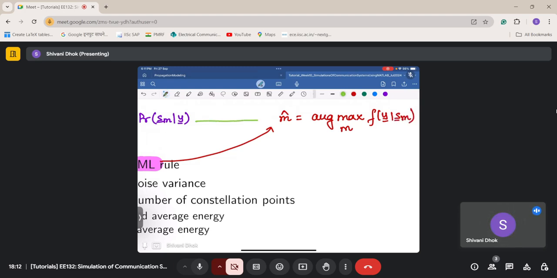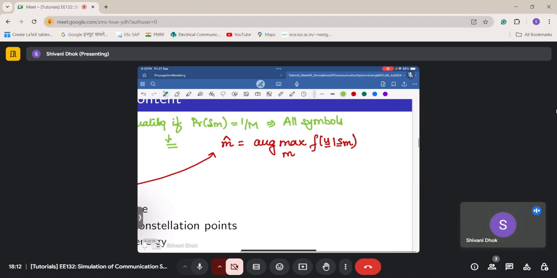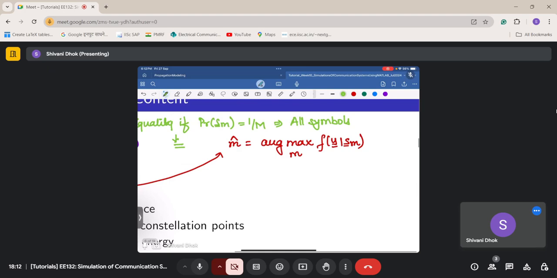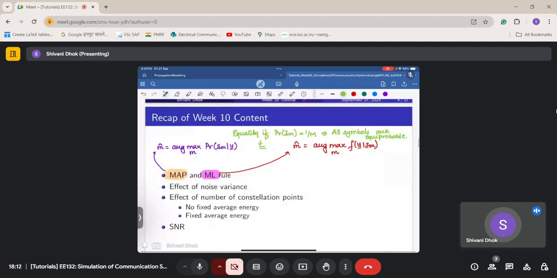The MAP rule becomes equal to the ML rule if all symbols are equally likely, or equiprobable. So this is all about your MAP and ML rule.